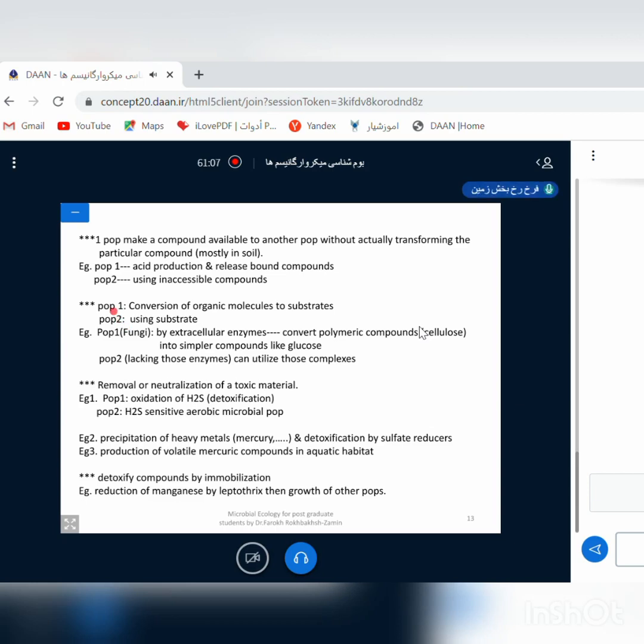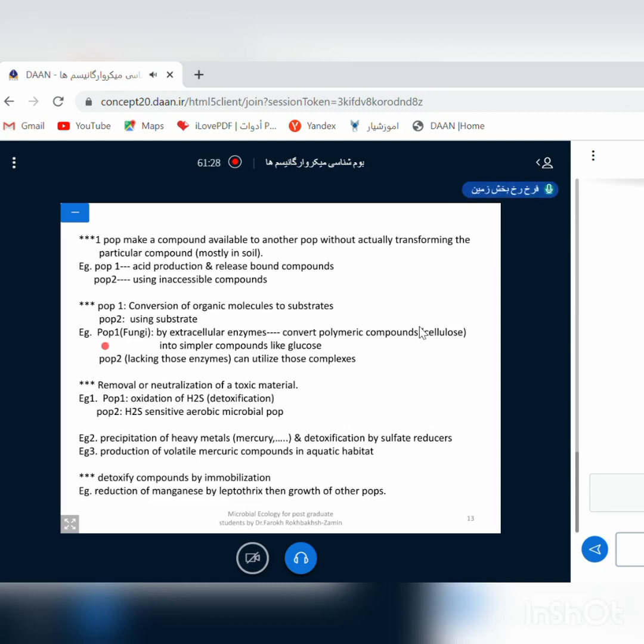So population 1, no difference, unaffected, 0 interaction. But population 2 is happy, a positive interaction.